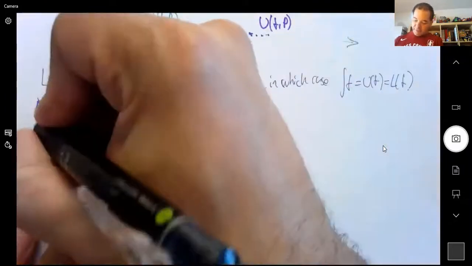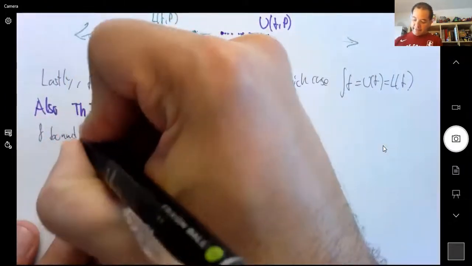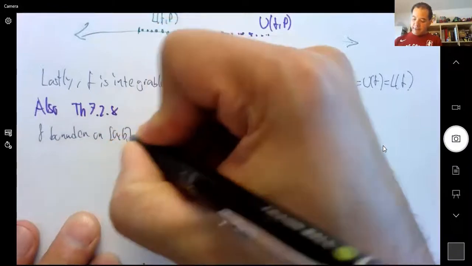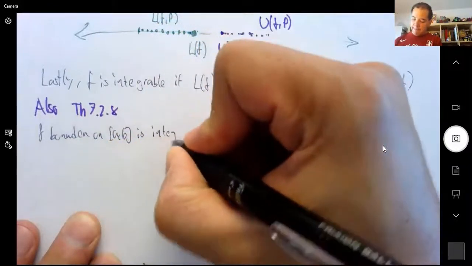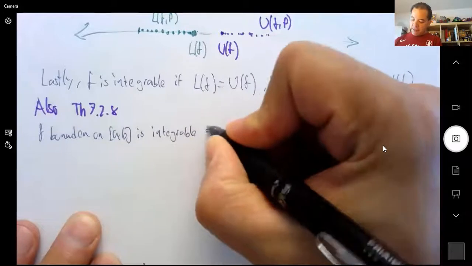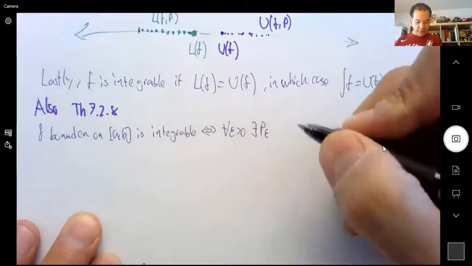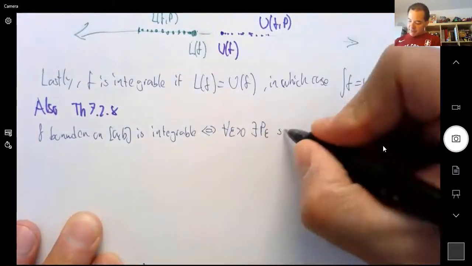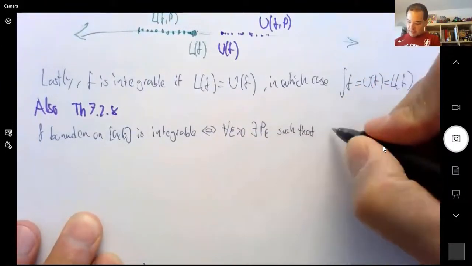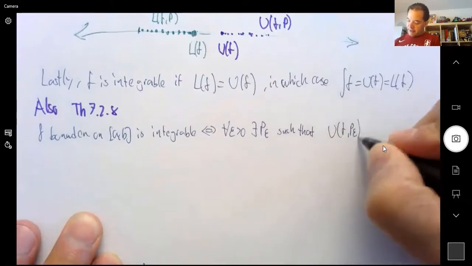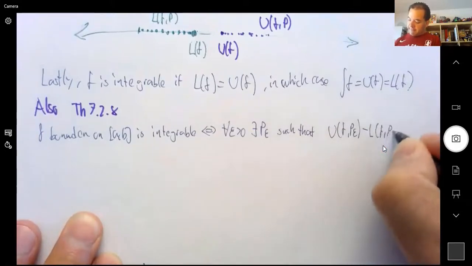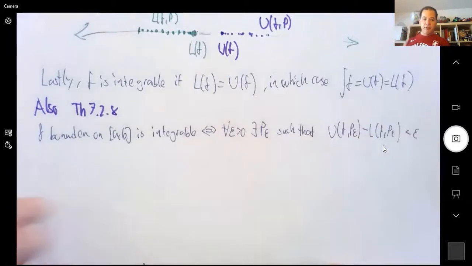It says that f bounded on AB is integrable if and only if for every epsilon there exists some partition P epsilon such that the U minus the L of that partition is less than epsilon. All right, we will use this all the time to prove something is integrable. We're going to use it extensively.